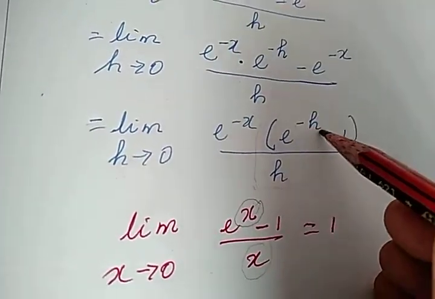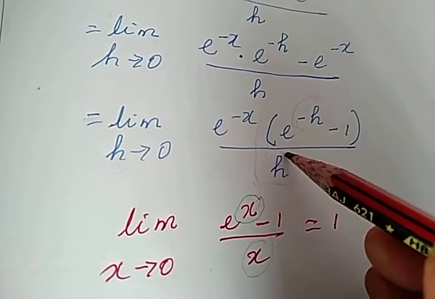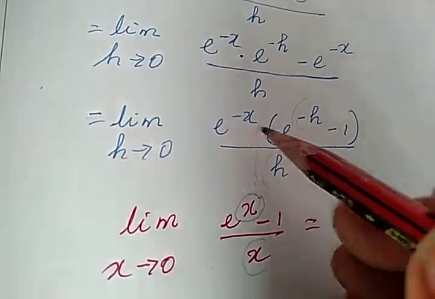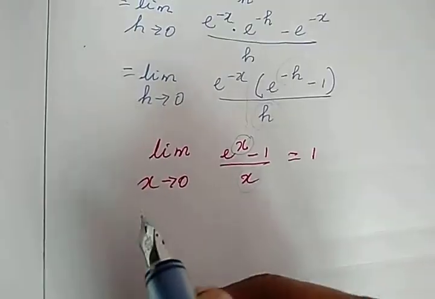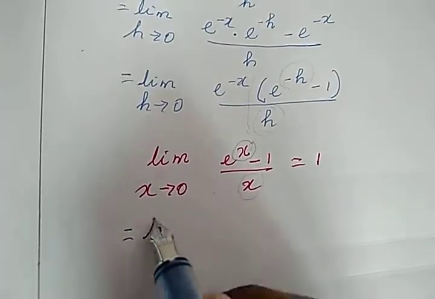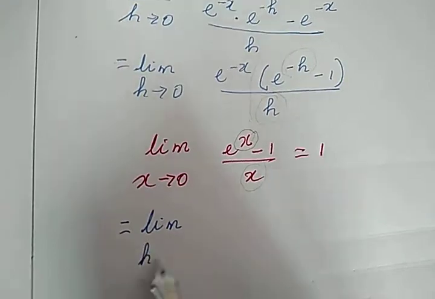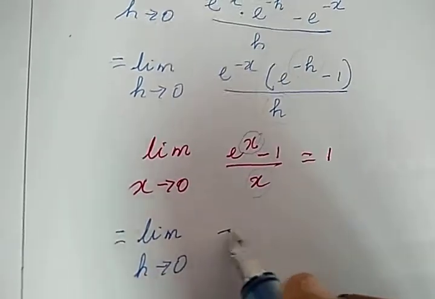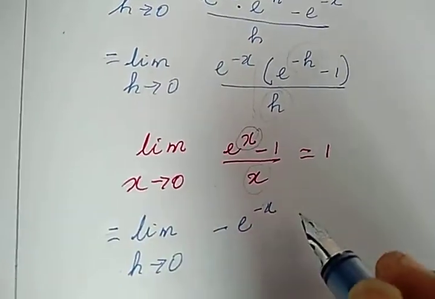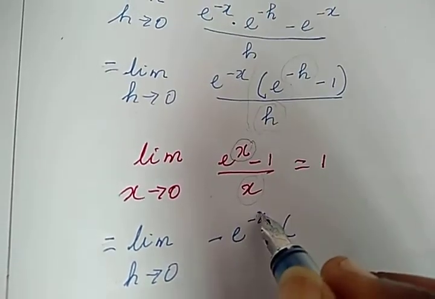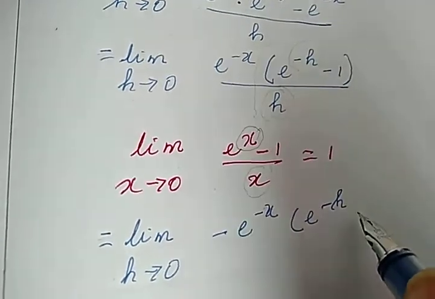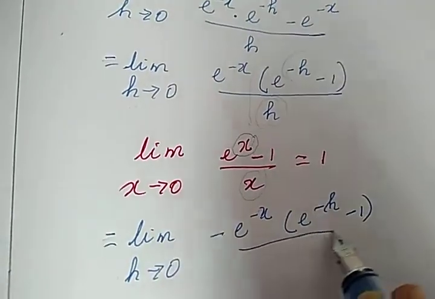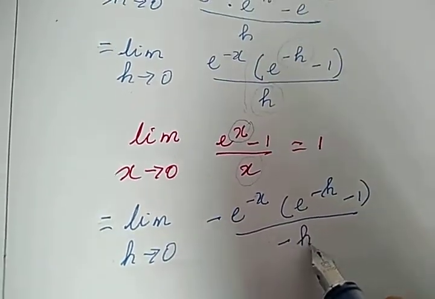So in the exponent it is minus h, but in the denominator it is positive h. So I am going to add one minus here to the numerator and the denominator. So I will get limit h tends to 0, minus e to the power of minus x into e to the power minus h minus 1 the whole divided by minus h.